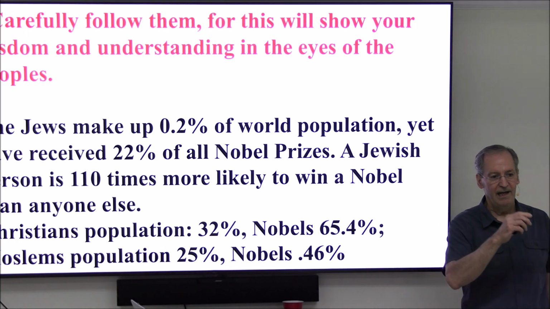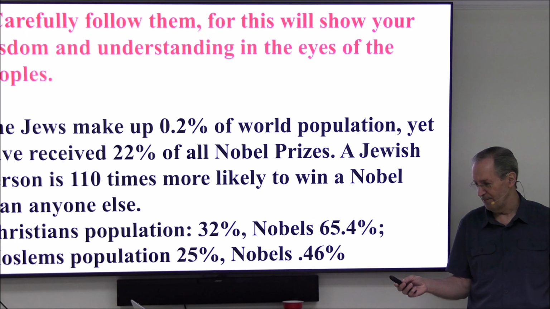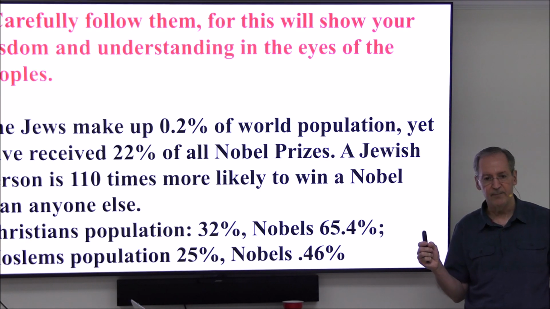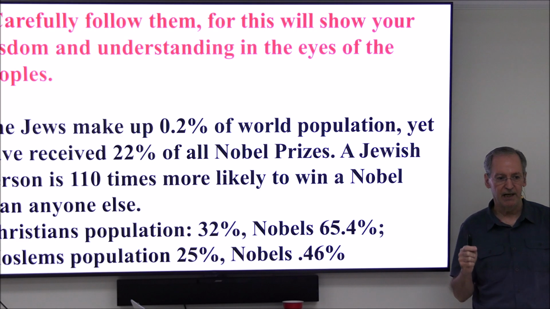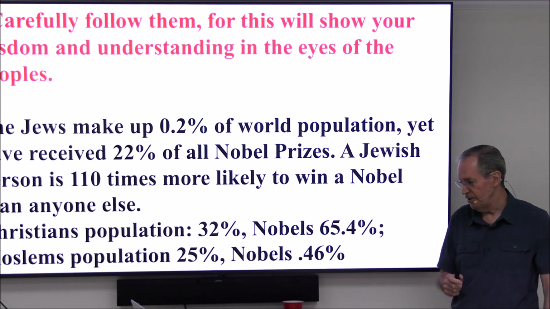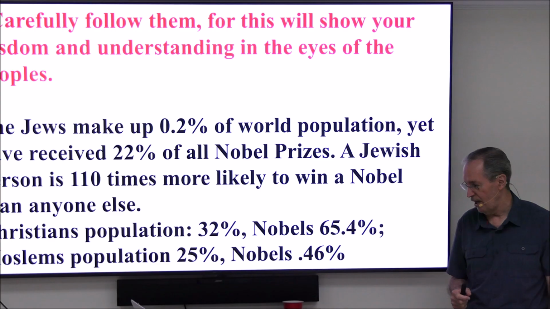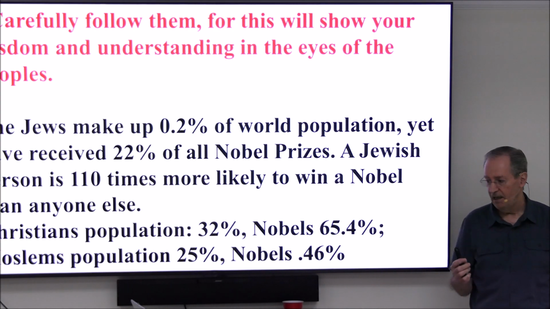Now look at these statistics here. The Jews make up 0.2% of the world population, yet have received 22% of all Nobel Prizes. A Jewish person is 110 times more likely to win a Nobel than anyone else.